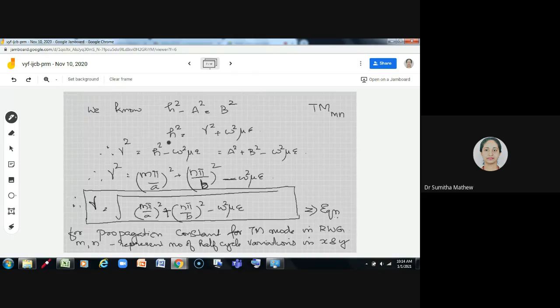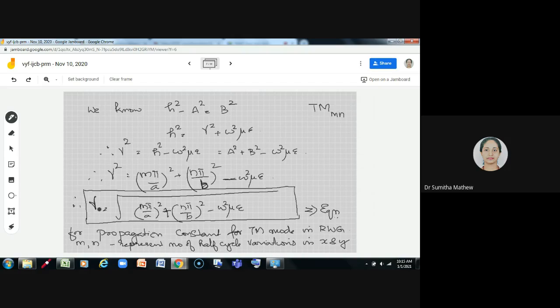That is, instead of h square, we can write a square plus b square, so you write a square plus b square minus omega square mu epsilon. What is a and what is b? Just now we obtained them as m pi by a and n pi by b. You make that substitution here, so that gamma square becomes m pi by a whole square plus n pi by b whole square minus omega square mu epsilon.